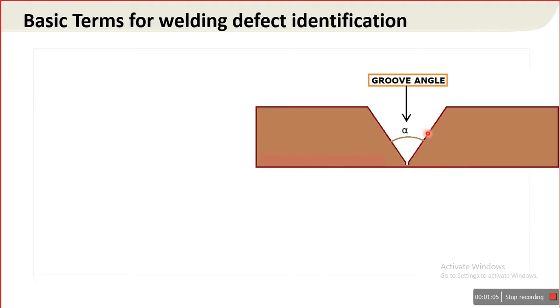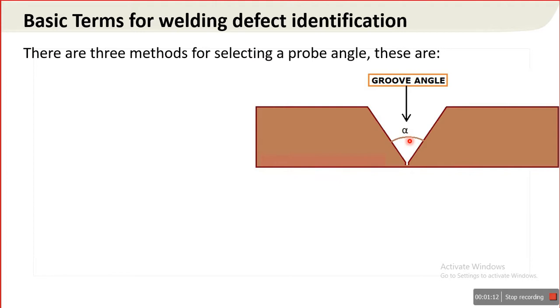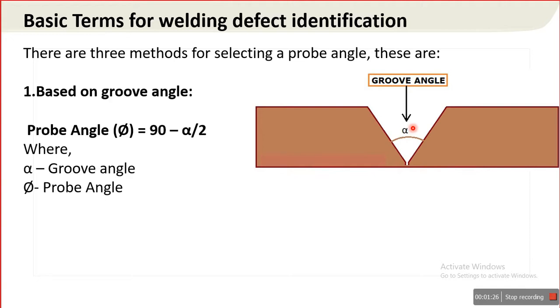This is the groove angle, which is denoted by alpha. There are three methods of selection of probe angle, and it depends on this groove angle alpha. So the first method is based on groove angle.